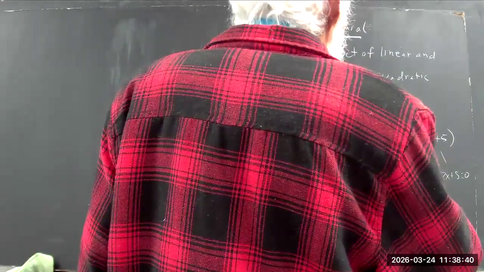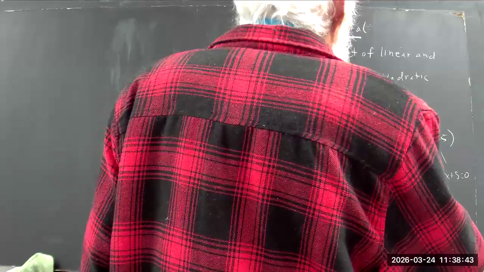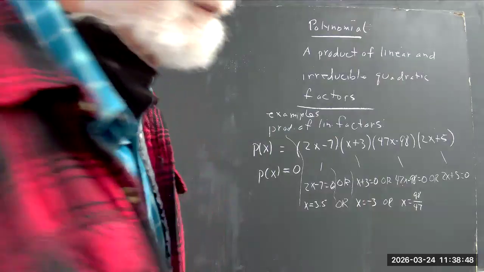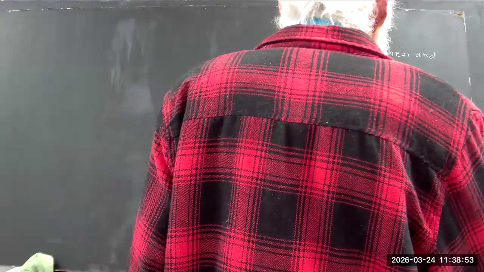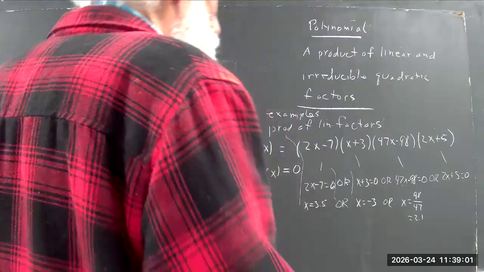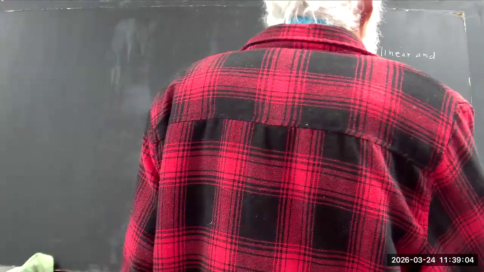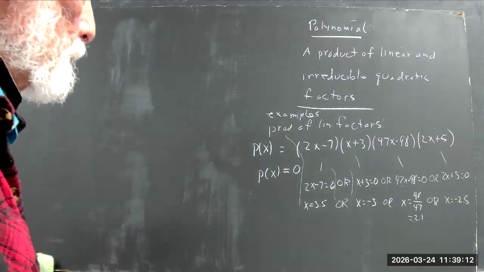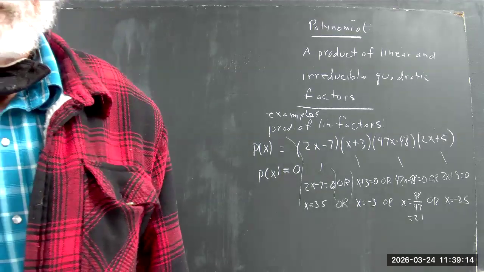This gives us x equals 98 over 47, which is 2 and 4/47. It's just a little more than 2. It's approximately 2.1, a little less than 2.08 or something like that. Or x equals negative 2.5. Make sense?